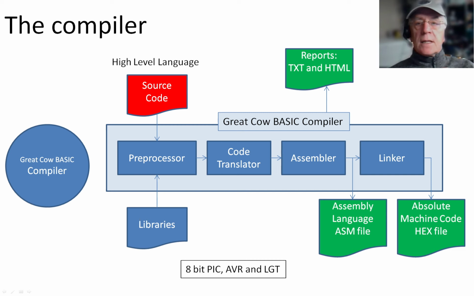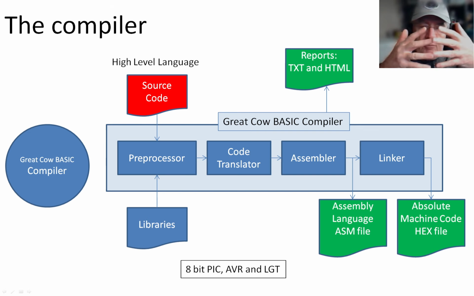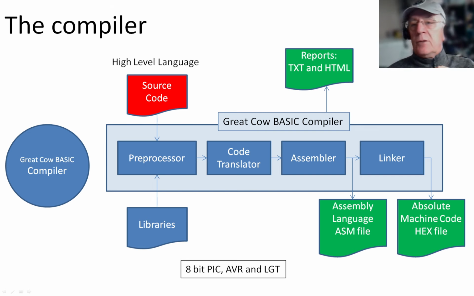The preprocessor expands your code, replaces constants, and ensures that the syntax and the register bits are correct. It enables you to do calls across libraries, and it brings together the hundreds of different routines that are available to you in the libraries, plus your own creativity.